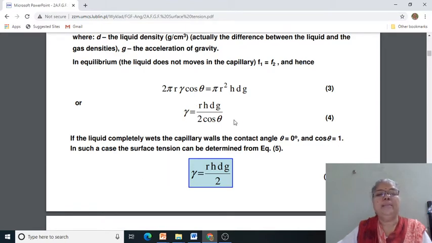Therefore, in such a situation this equation reduces to gamma = r h d g upon 2, because for the capillary walls the contact angle theta is equal to 0. Therefore, cos theta is equal to 1, and we get this equation: gamma = r h d g upon 2.